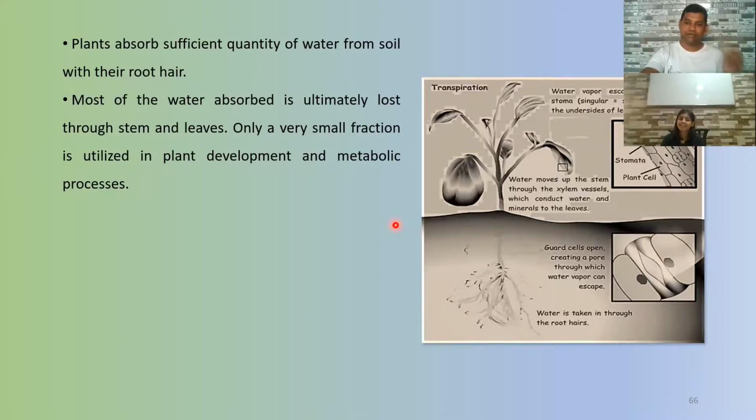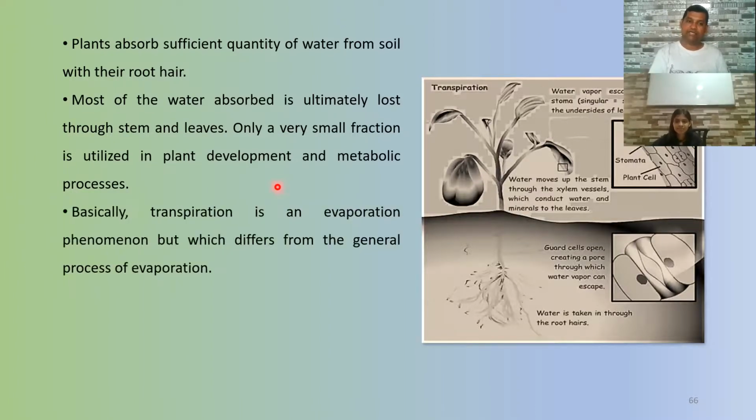Only a very small part of the water which the plants are absorbing is utilized by the plant for its own development and metabolism. Here, the rest is just a loss.